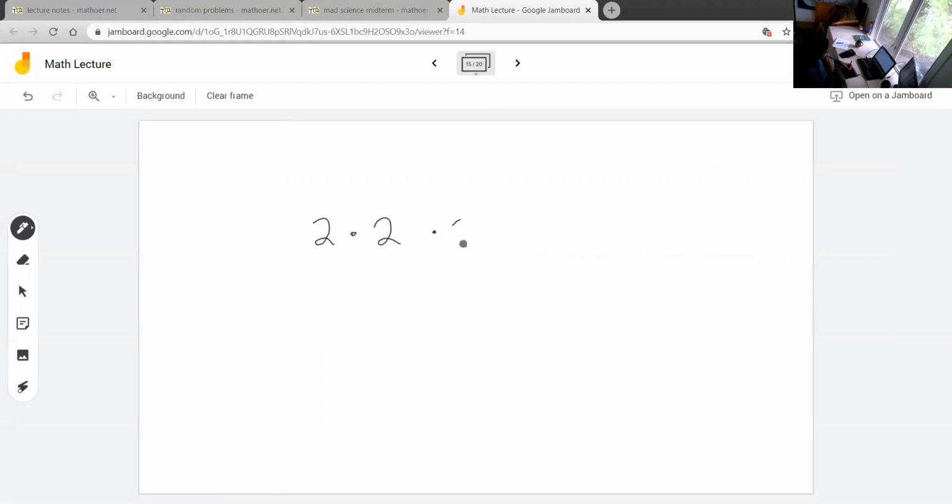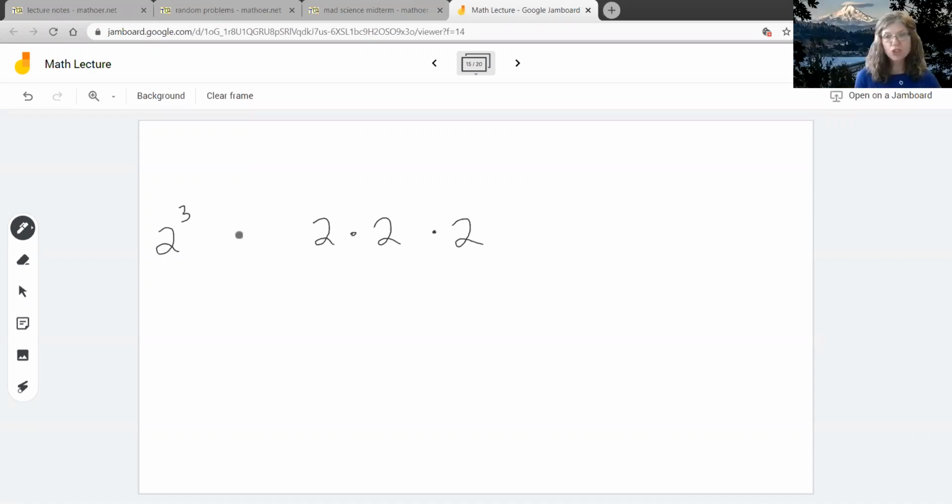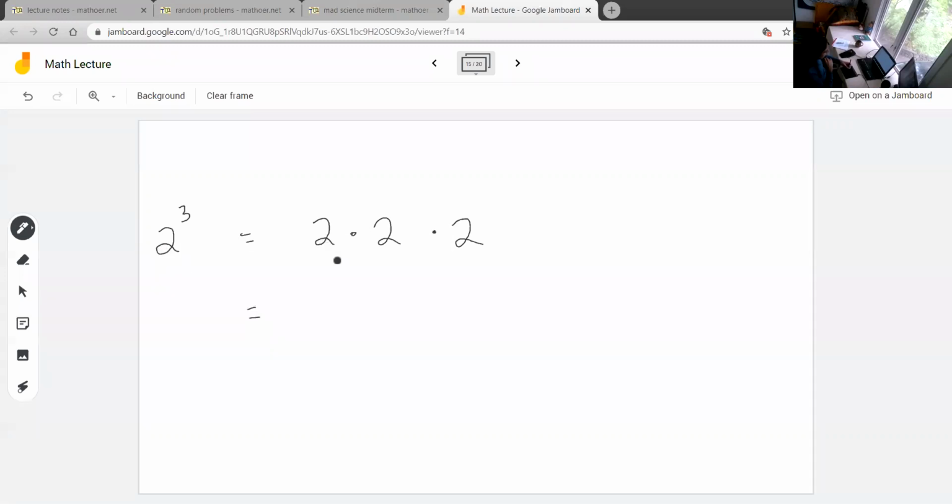So 2 times 2 times 2. That's just too much writing. So the exponent isn't really math. It's just an abbreviation. It's like Dr. instead of doctor. How many times is the 2 there? So 2 times 2 is 2. So these two make a 4. And then 4 times 2 is 8.